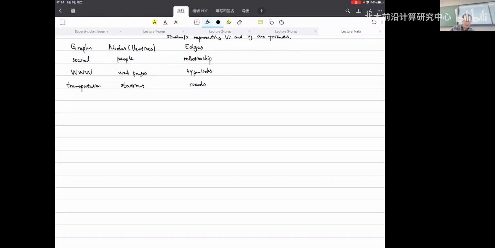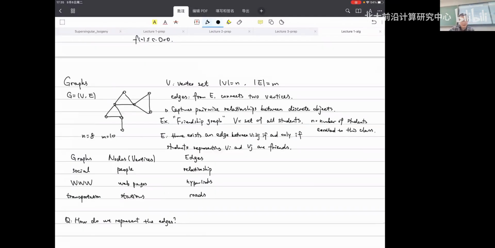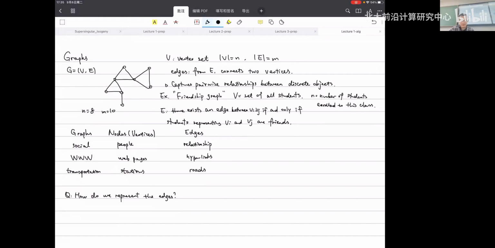The next very important thing is how do we represent the edges? Because we use n to describe the problem, basically the vertex set, we can feel free to give some numbers, maybe call these 1, 2, 3, 4, 5, 6, 7, 8.